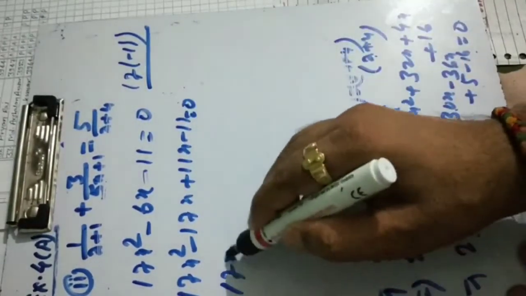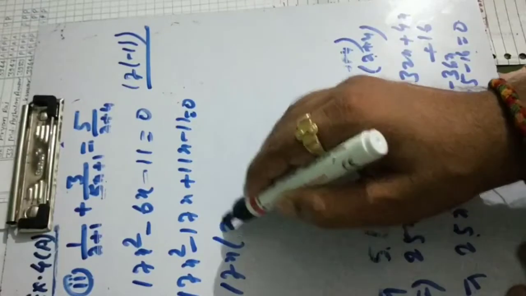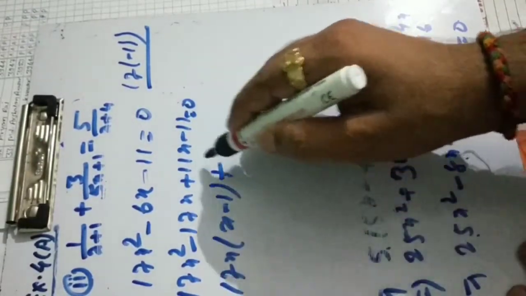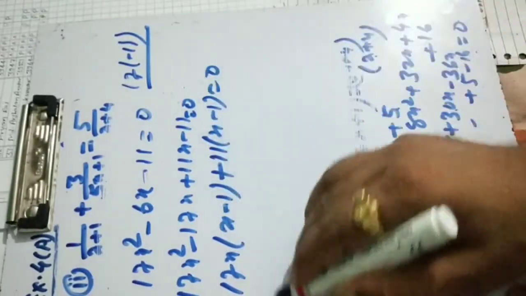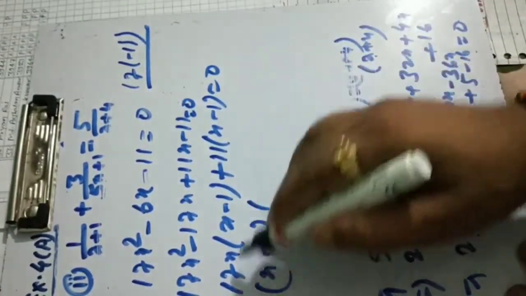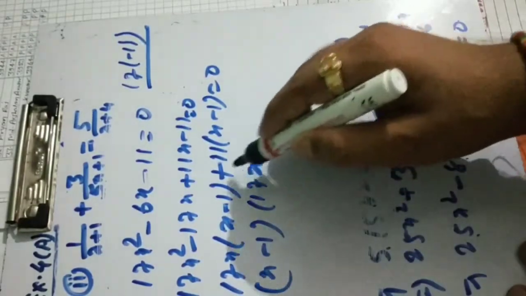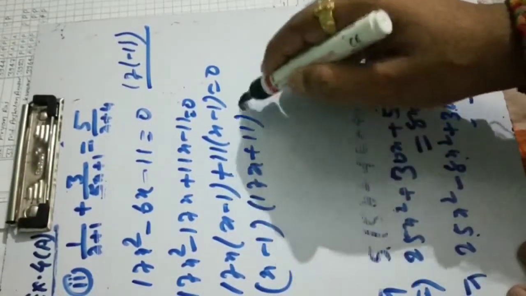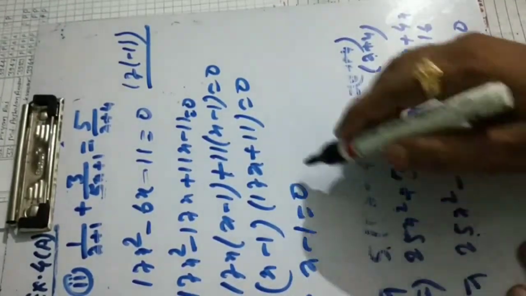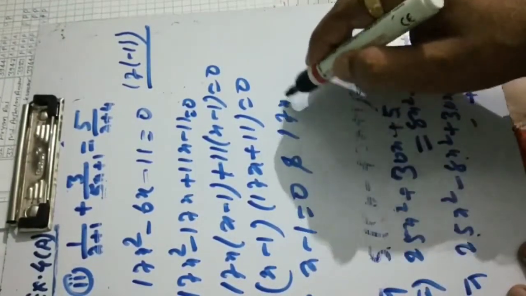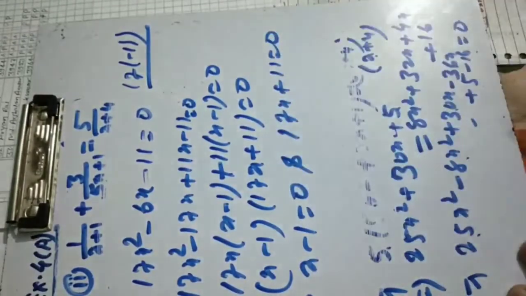Then 17x is common, then x minus 1 will be left here. In these two 11 is common, then x minus 1 will be left here. Then x minus 1 is common, then 17x will be left here and plus 11 will be left here, is equal to 0. This implies that x minus 1 is equal to 0 and 17x plus 11 is equal to 0.